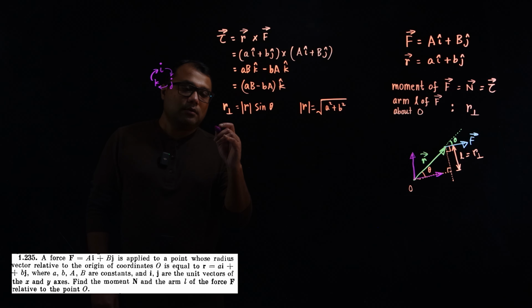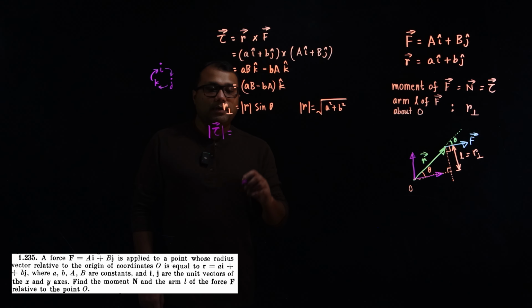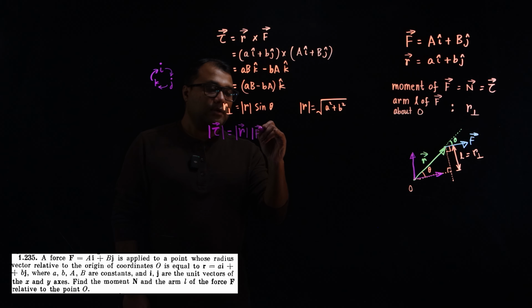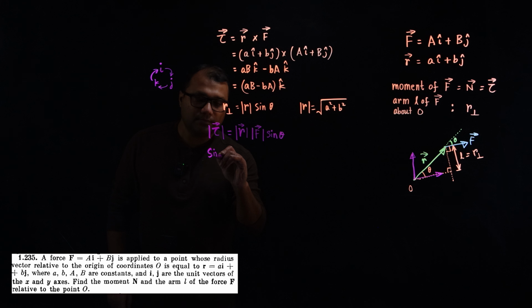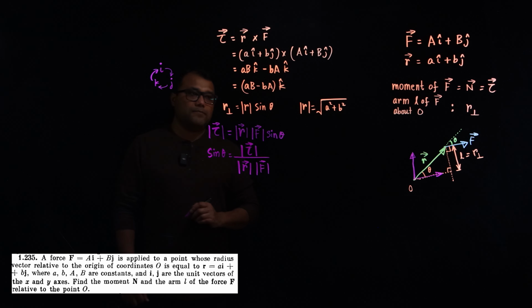Tau, if I take the mod of that, will be mod r times mod F sine theta, cross product. So sine theta is mod tau divided by mod r times mod F.